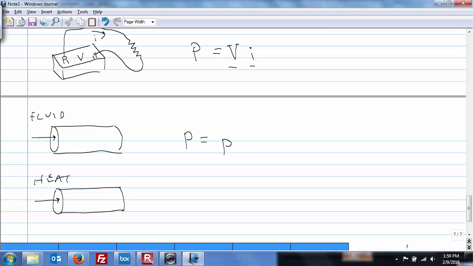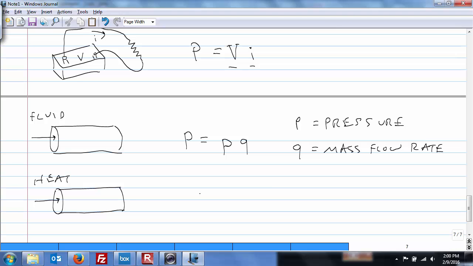You're going to have high pressure on one end, low pressure on the other, and this is where it gets a little wonky with the numbers. I'm just going to write this for now as Q. Q is the mass flow rate, so I'll define those. P equals pressure, so that's how hard the fluid is pushing. And then Q, for now anyway, is the mass flow rate. I'll see if there's a different variable in your book we can use, but for now let's just use Q.